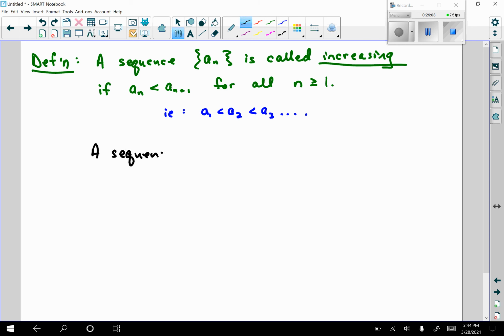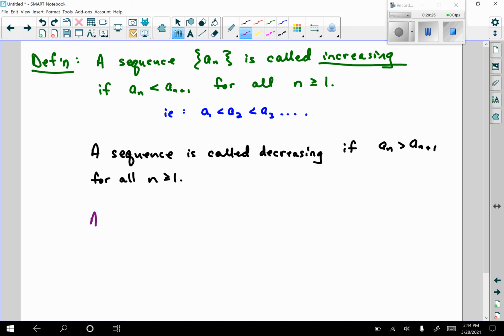A sequence is called decreasing if the opposite is true. If a sub n is greater than the next term after it for all n greater than or equal to 1. And we say a sequence that is either increasing or decreasing can also be called monotone.